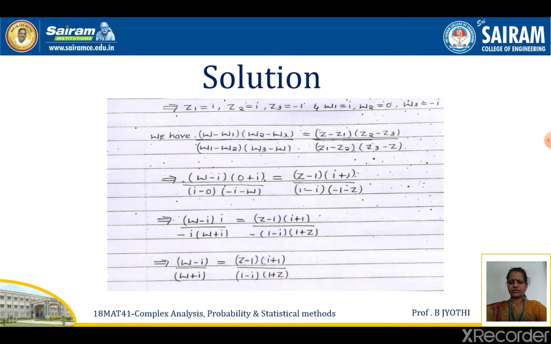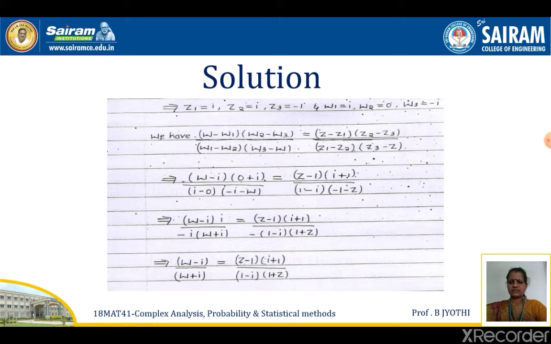And we have the formula (W minus W1)(W2 minus W3) divided by (W1 minus W2)(W3 minus W) equals (Z minus Z1)(Z2 minus Z3) divided by (Z1 minus Z2)(Z3 minus Z). And we have the points for Z1, Z2, Z3 and W1, W2, W3, so we can replace these points.